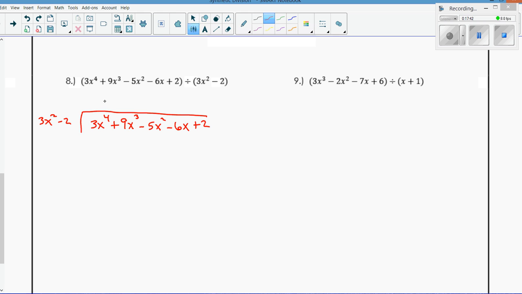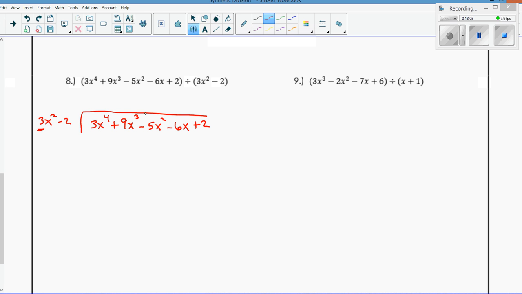I can't start over the x to the 4th, that would give me an x to the 6th. I can't start over x to the 3rd, times x squared would give me x to the 5th. I can start over x squared because I'm trying to multiply by x squared. This was actually a little bit different than yesterday because we never had a 3 here.